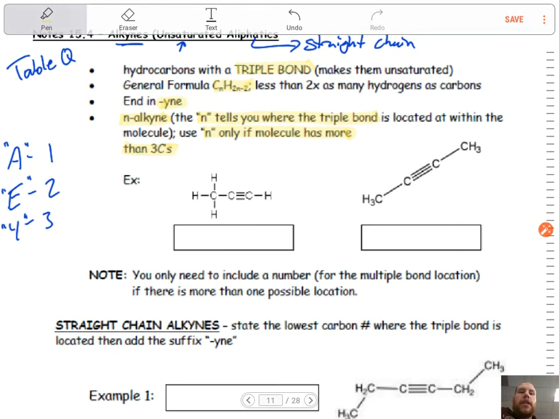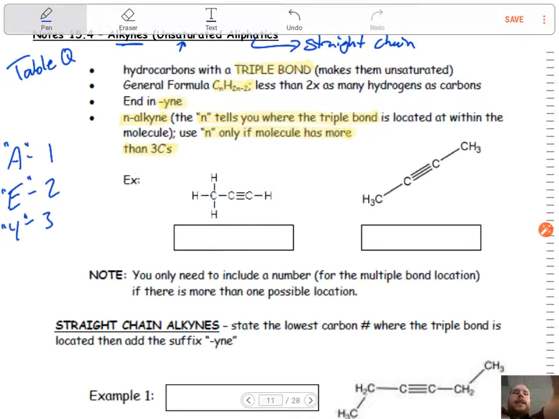If we look at this first example, whether I had the triple bond here or moved it over here, the other H's would shift. It's still only one location. So again, start by counting how many carbons you have. 1, 2, 3. I've got 3 carbons, so what's my prefix for 3?